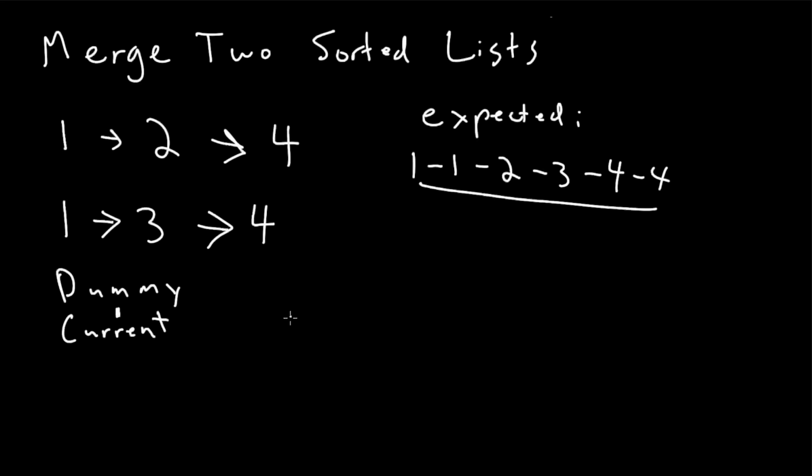What we're going to do is loop through both lists while we have both lists that are valid. So if we look at this 1 to 2 to 4, I'm going to call this list 1 here, and this will be list 2. We're going to loop through L1 and L2 while they're valid.